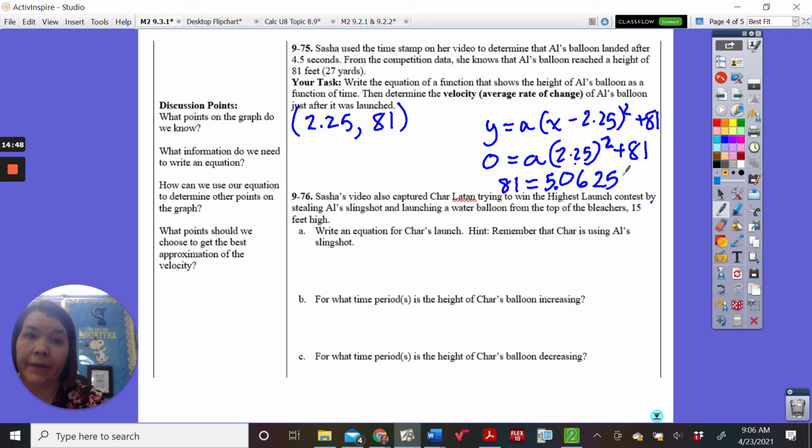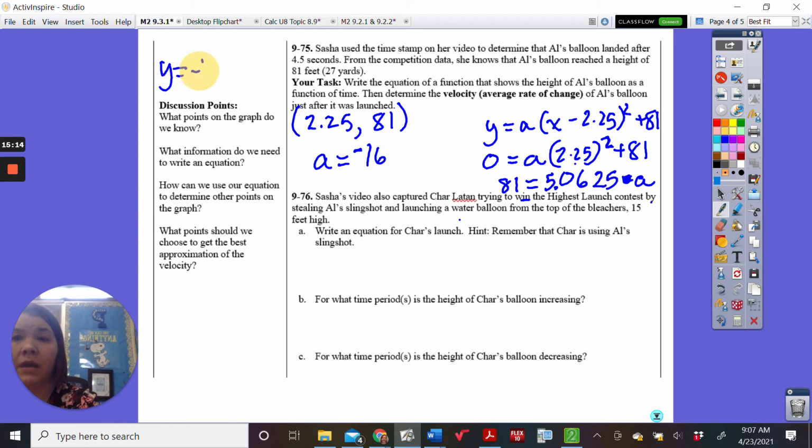Well, that's nice. Except that a should be negative. I don't know why it didn't come out negative, because it has to be, because it's opening down. Let's make it negative. So my equation is y equals negative 16, which makes complete sense to me, x minus 2.25 squared plus 81.